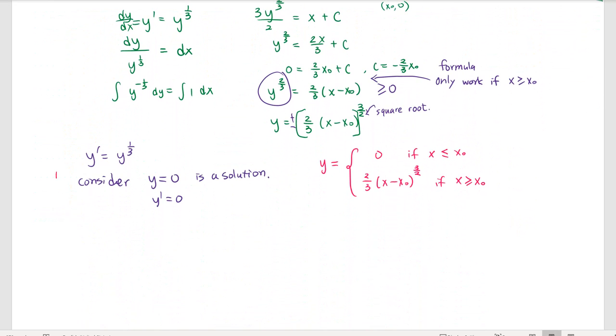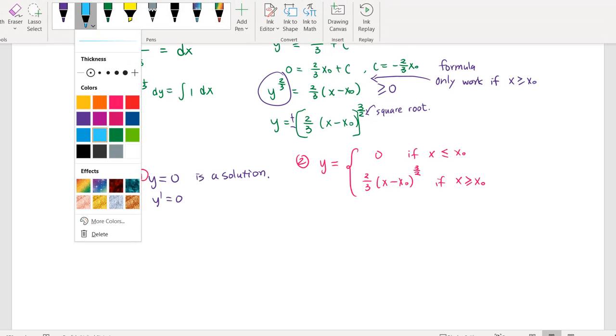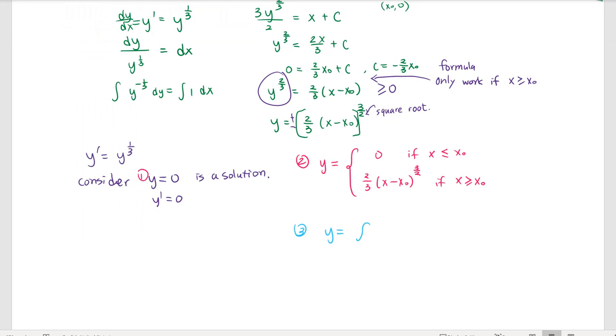Alright, so now we have one solution, two solutions. Actually, we can have one more. And what is that solution? We can define it to be 0 if x is less than or equal to x0, and we can define it as minus 2/3. Oh, sorry, I forgot the parentheses. Minus 2/3 and then (x minus x0) to the 3/2, if x is greater than or equal to x0.